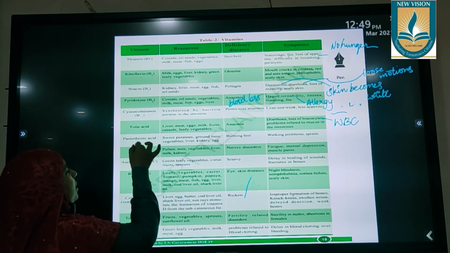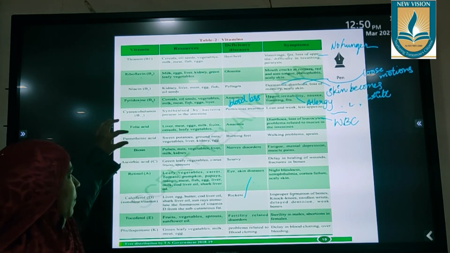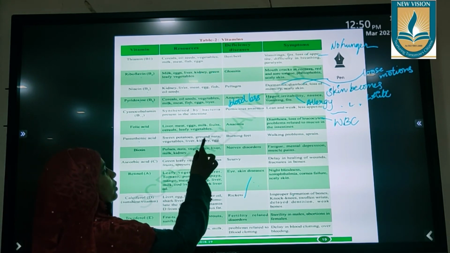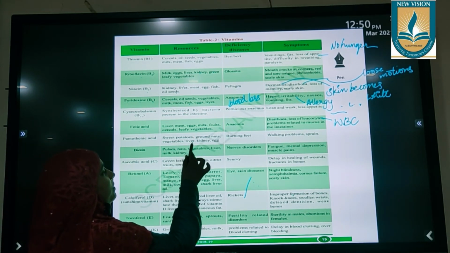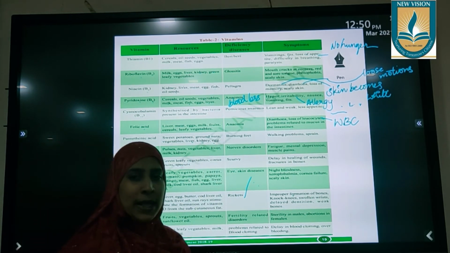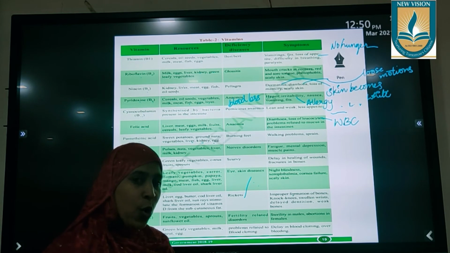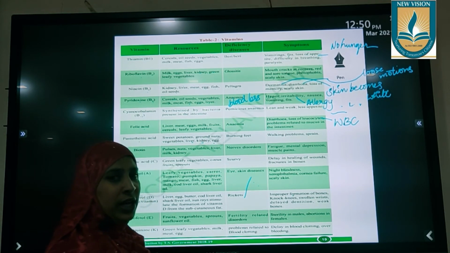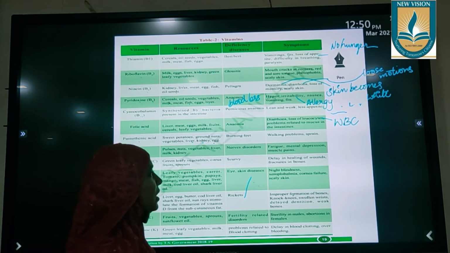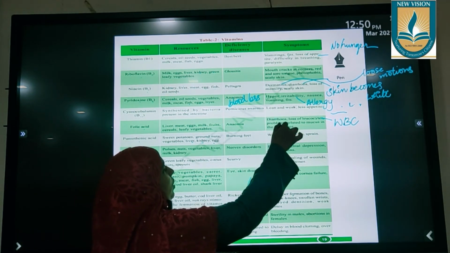Next, vitamin B complex has pantothenic acid. It is rich in sweet potatoes, groundnuts, vegetables, liver, kidney, egg. If you do not eat a sufficient amount of pantothenic acid, the lower side of the feet will feel like burning. If you walk even a short distance, you will feel burning in your feet. Okay, what are the symptoms?